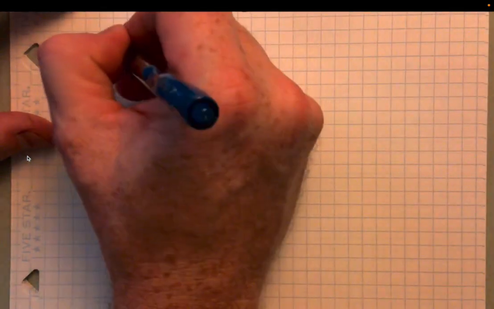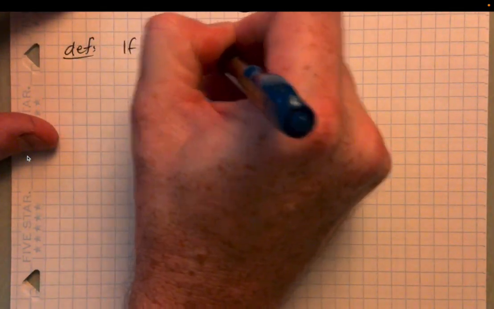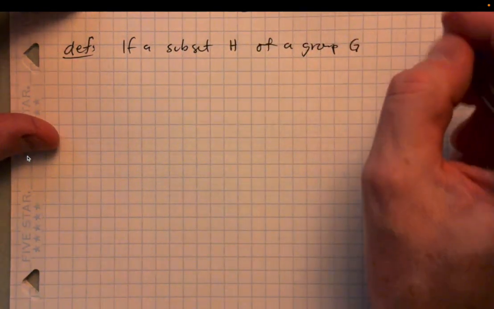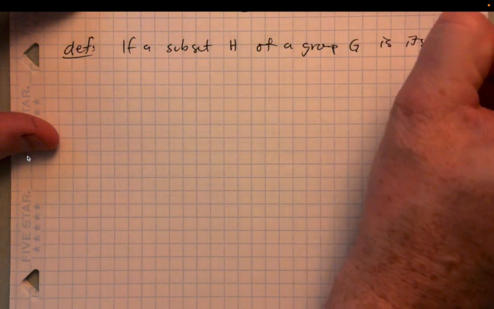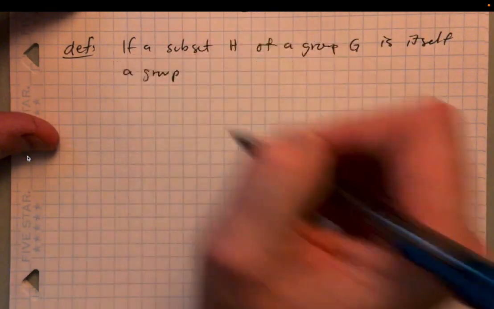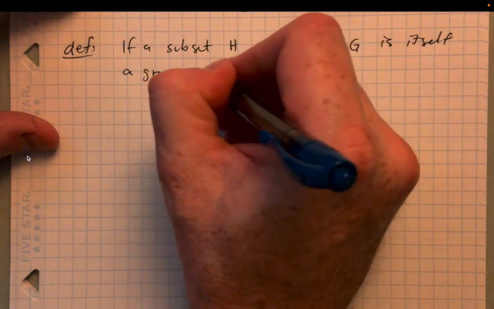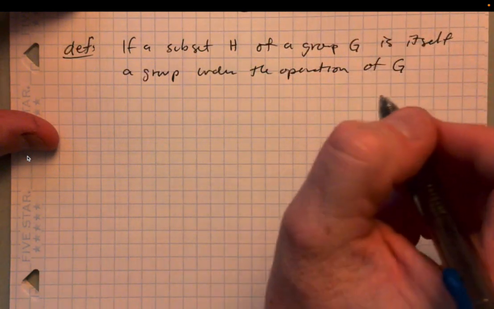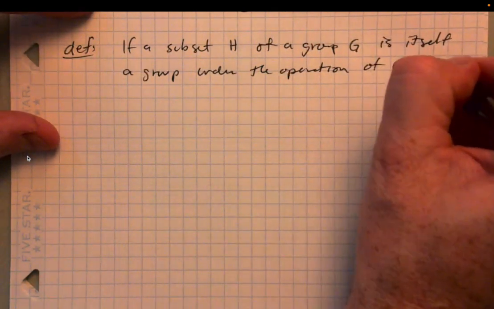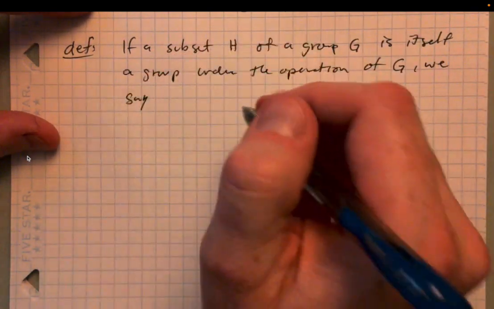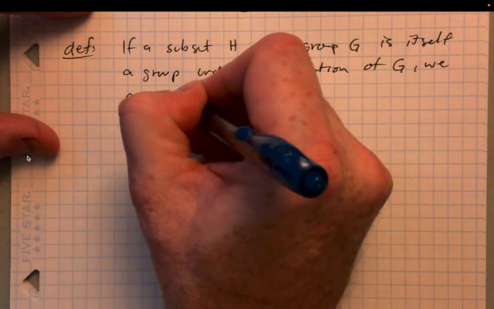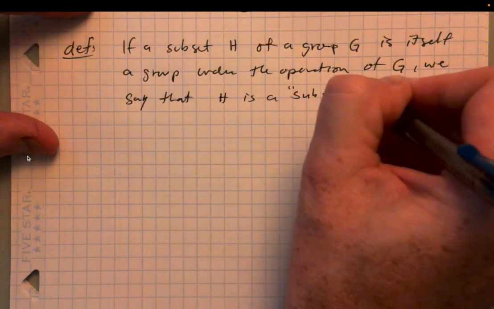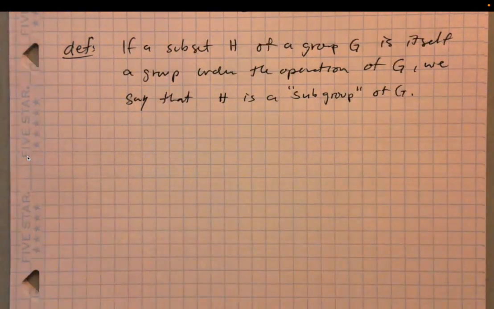If a subset H of a group G is itself a group under the operation of G, we say that H is a subgroup of G. All right.